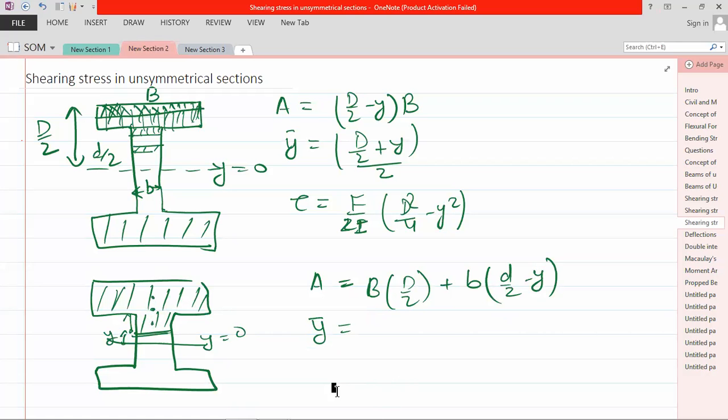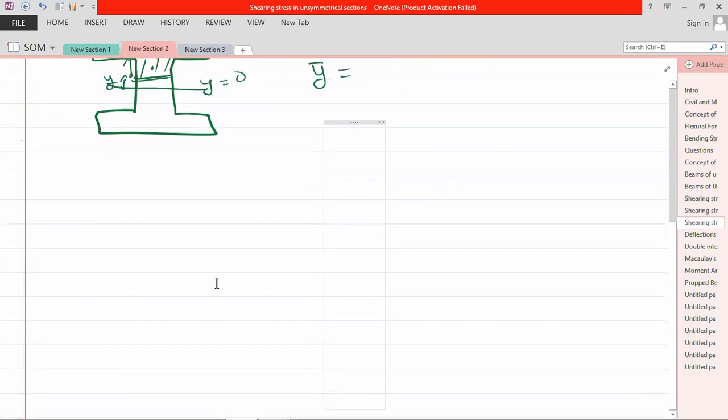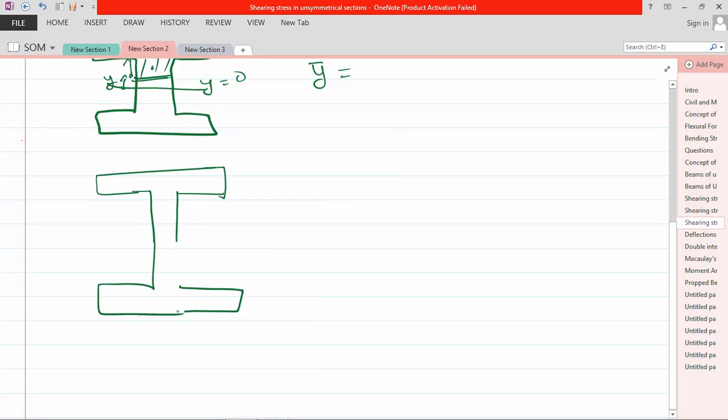But I think you know how the shear stresses are going, so I'm directly drawing it. So suppose this is your I section.